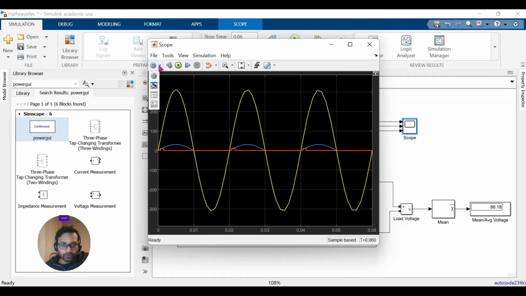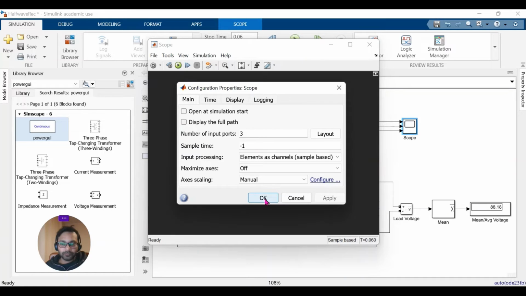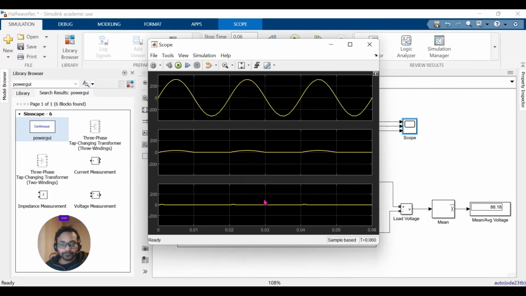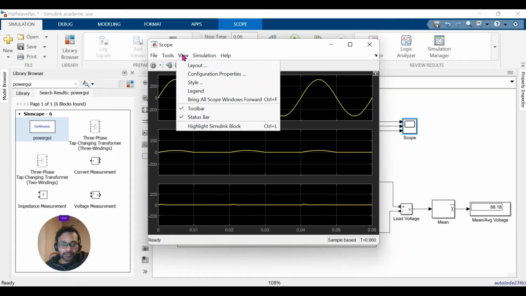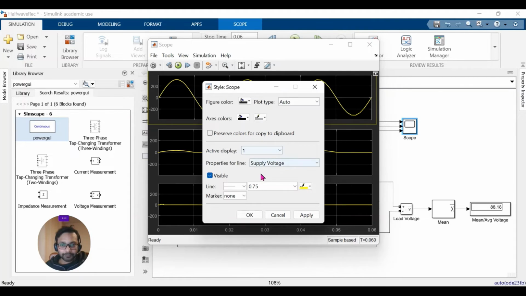So let us display it on 3 different graphs. Now you can change the color by going into view and style. For the active display, let's leave it as yellow.